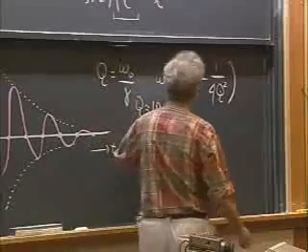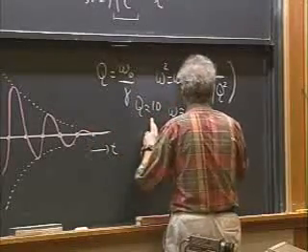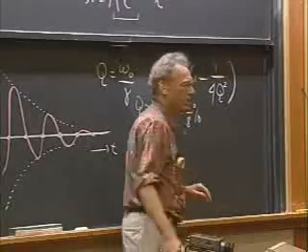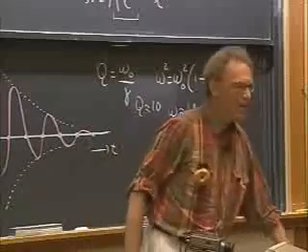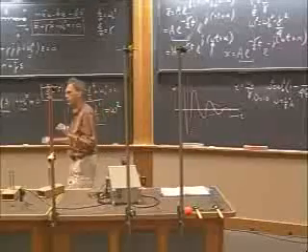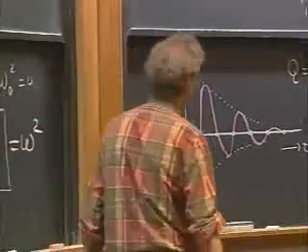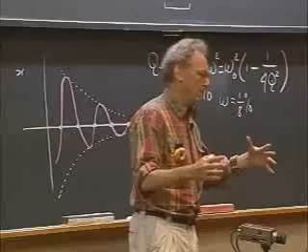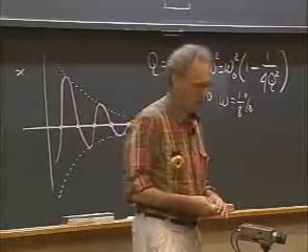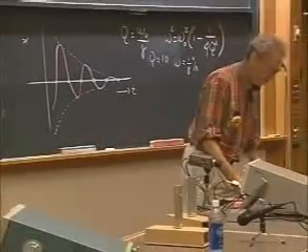So for Q of 10, omega is only 1/8% lower than omega 0. Even if you make the Q as low as 2, the frequencies are only off by about 3.2%. So I want you to appreciate that most of the time, but not always, omega is very close to omega 0.